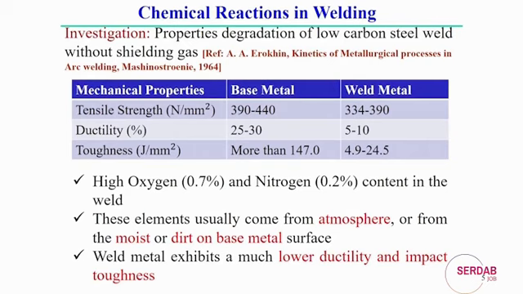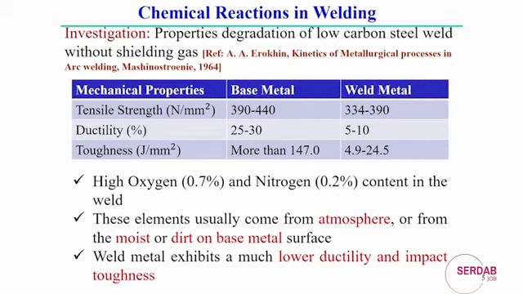There is also a considerable decrement in the ductility of the weld joint, and a huge reduction in its toughness. So, there is a degradation of weld joint properties compared to the base metal if we weld without any shielding gas. That is why it is necessary to use some shielding gas to protect the molten pool.